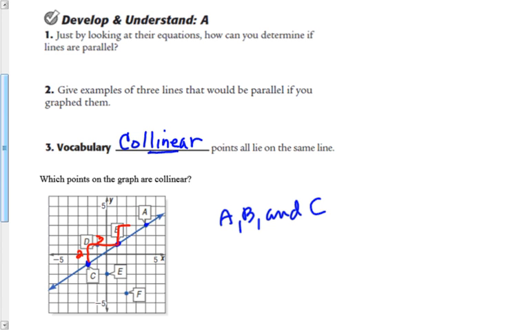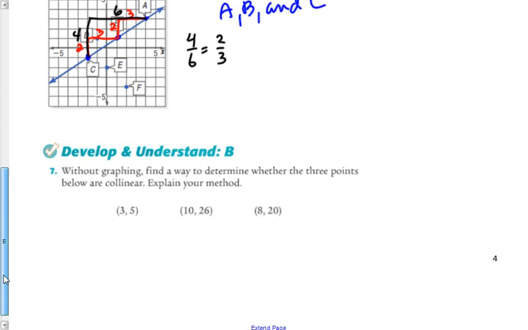Rise over run here is 2 and 3. And if I take the rise over run from point C to A, I get up 4 over 6, and 4 over 6, of course, is also equal to 2/3. So collinear points, if you find the slope between those points, you will always get the same number.